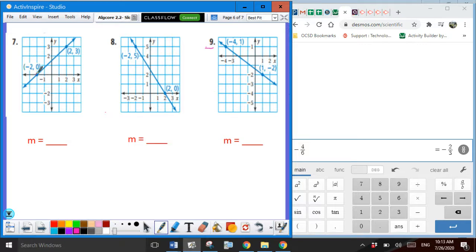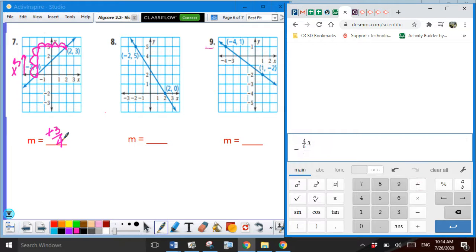Okay, let's see how you did. So 2 exact points. This one's positive because it's going up. 1, 2, 3. So positive 3, 1. Let me back that up there. 1, 2, 3, 4. So positive 3 over 4. So 3 divided by 4 does not change.